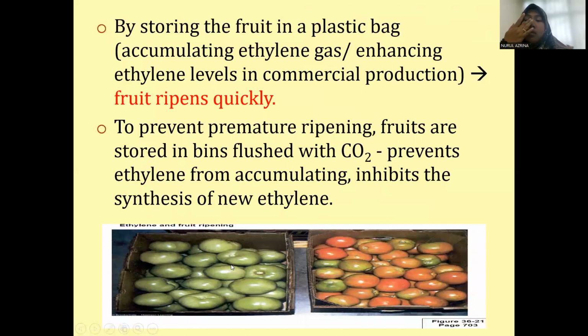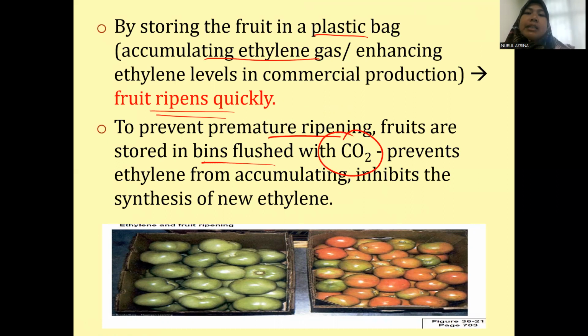Okay, so by storing the fruit in a plastic bag, ethylene will accumulate. As ethylene accumulates, it will increase the rate of the ripening process, okay? But to prevent premature ripening, fruits will be stored in a bin flushed with carbon dioxide.